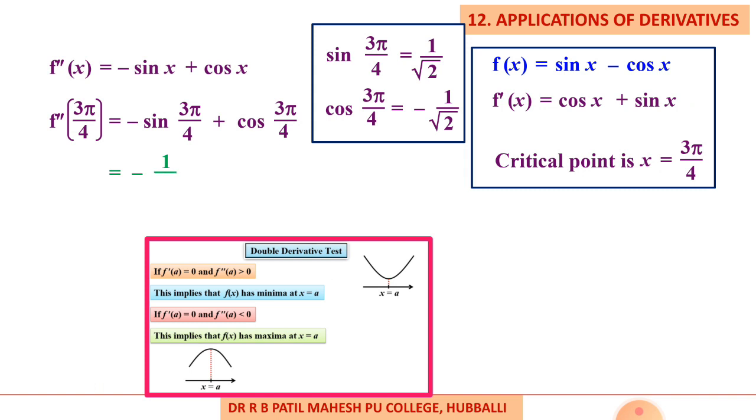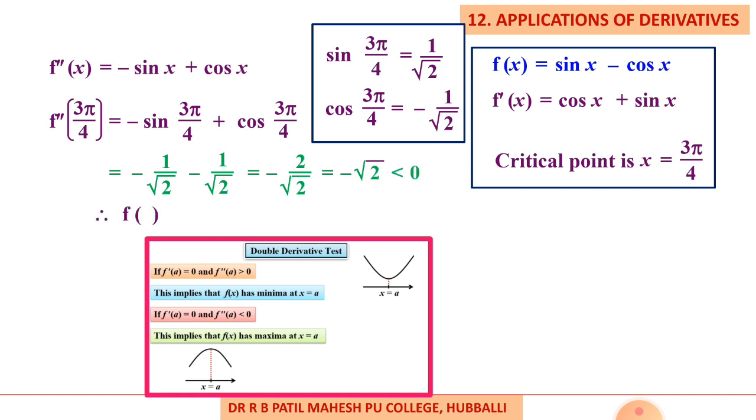So these two values you can substitute here. We get minus of 1 by root 2 plus 1 by root 2. We get minus of 2 by root 2, that is minus of root 2, that is less than 0.